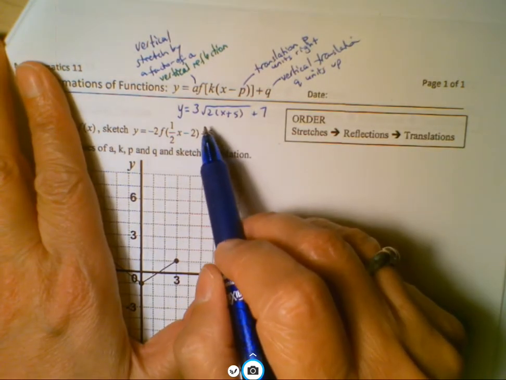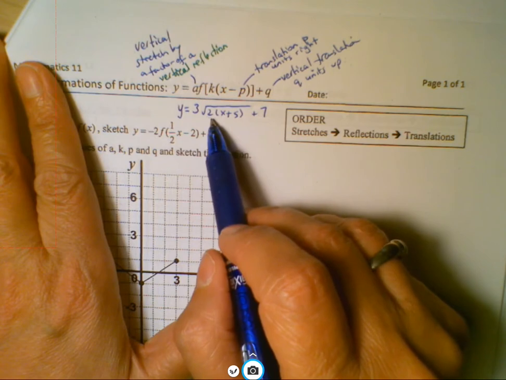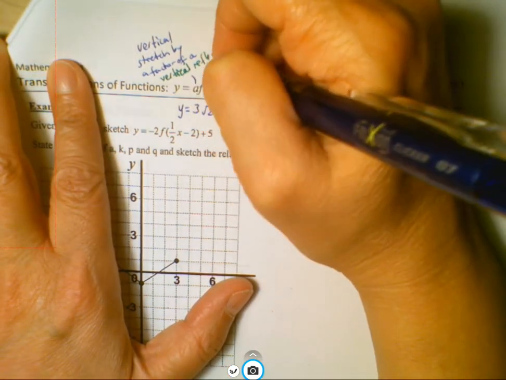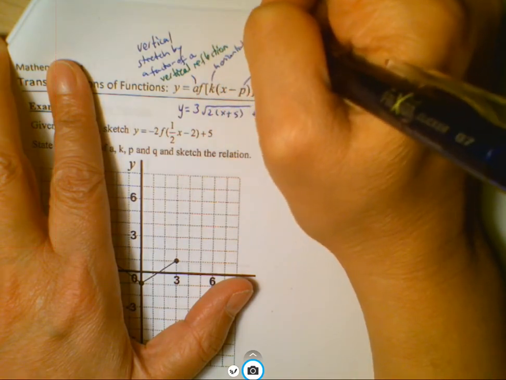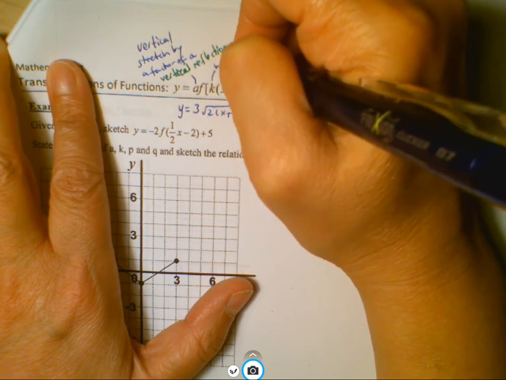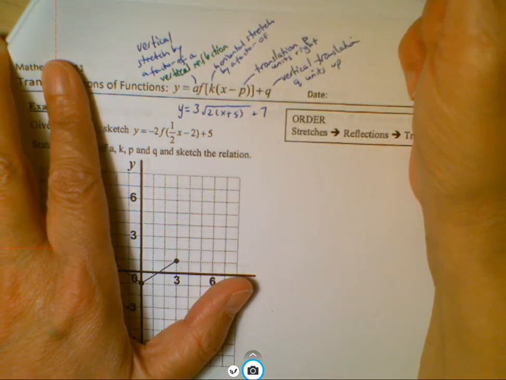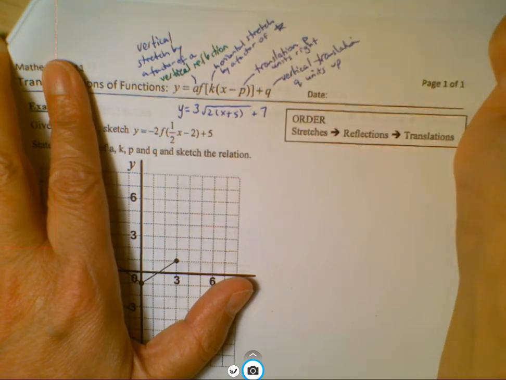Okay, and then the last thing is our K. So I'll remind you, if you had 2x in here, even if it didn't have the 5, but 2 something inside the f of x, that is a horizontal stretch by a factor of not k. Remember, this one was the one that's factor of 1 over k.